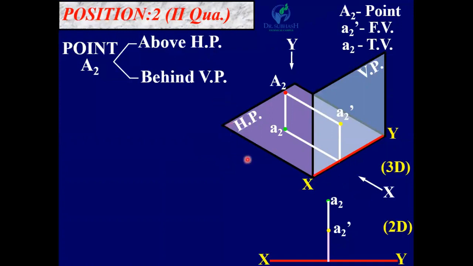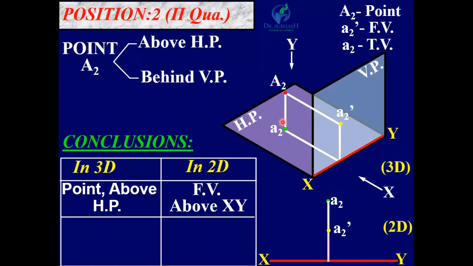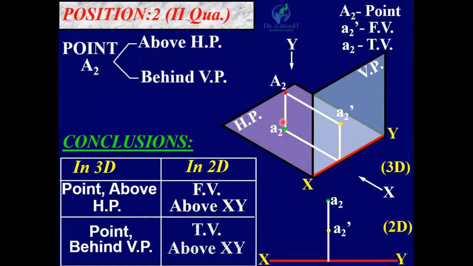If the point is in the second quadrant, both the front view and the top view are above the XY line, and the distance of a2 is equal to the distance of the point from VP. Now the conclusion: in 3D, the point is above HP, so the front view is above XY; the point is behind VP, so its top view is above XY. So in the second quadrant, both views are above the XY line.